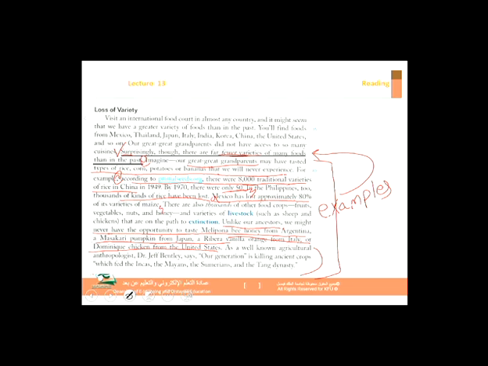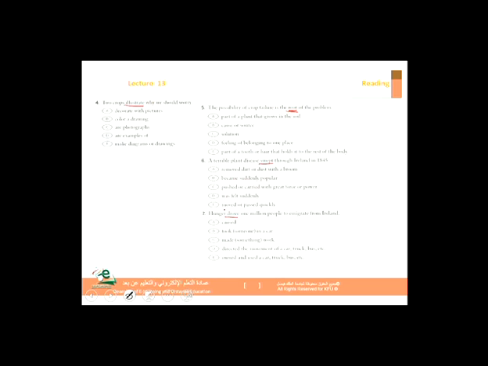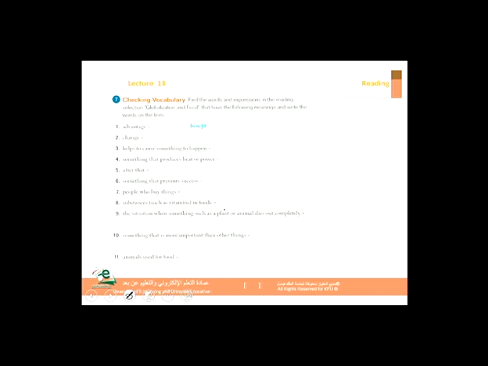Extinction. Livestock. Now I want to make sure that you understand the meaning of these words. So I want you to answer this exercise for me. Just find me the words that mean these. Find me words. A word that means advantage.